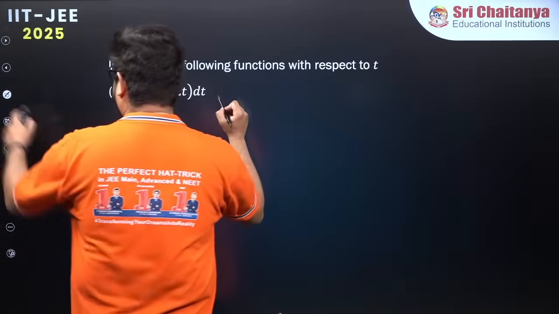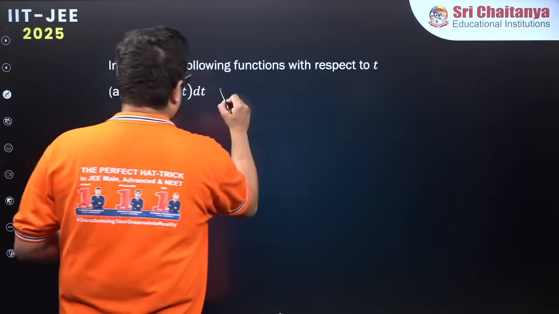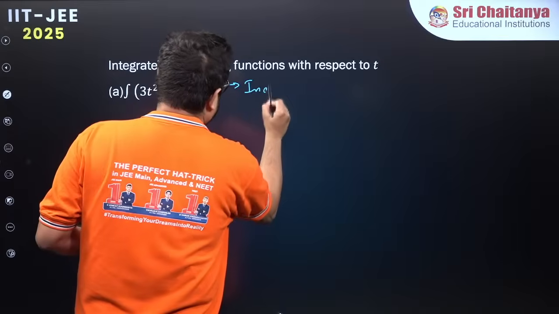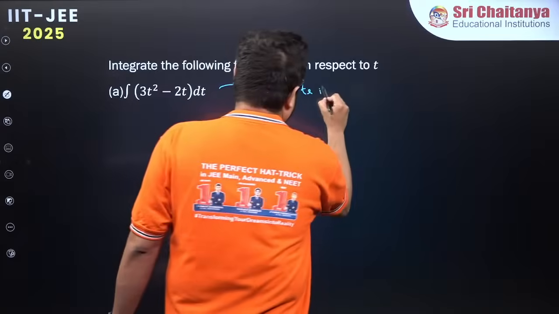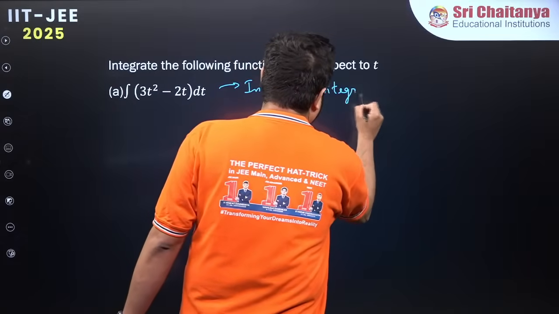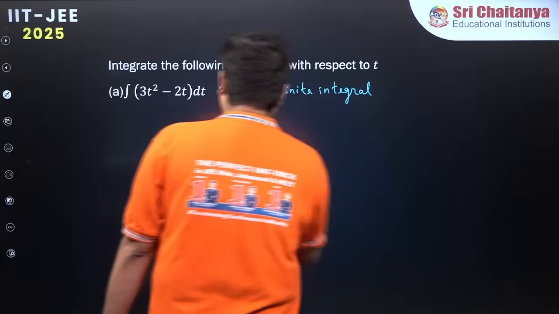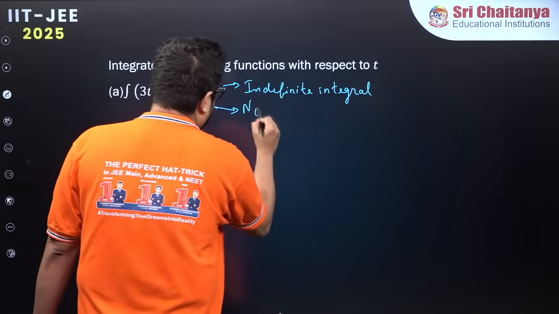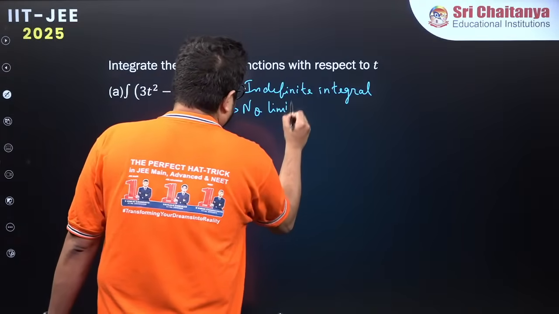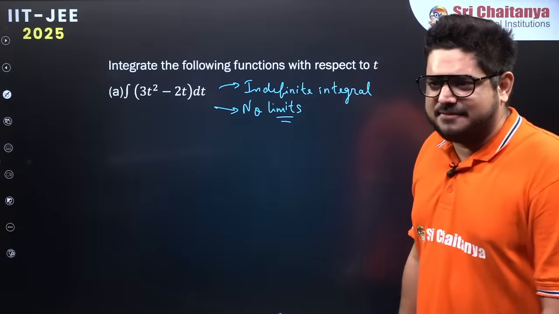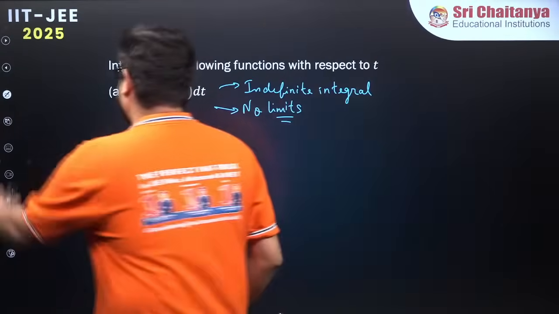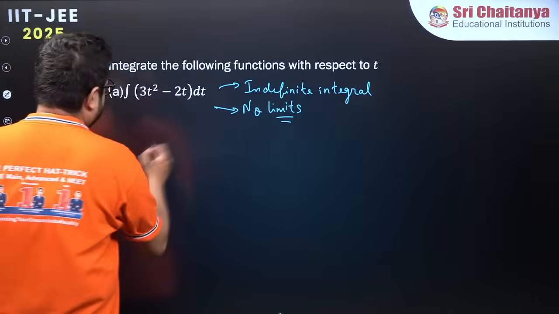This is once again the concept of indefinite integration. It's an indefinite integral, I will be calling this. And you can see that there are no limits associated. We don't have any limits over there, isn't it? So now what needs to be done, everyone? You can directly integrate it. How?